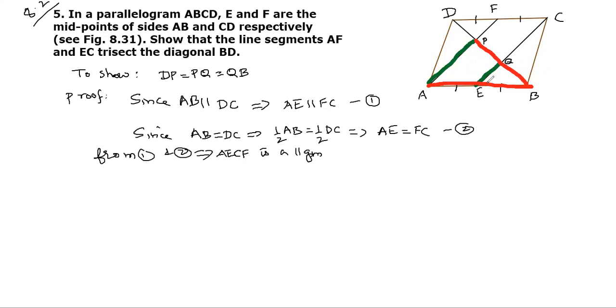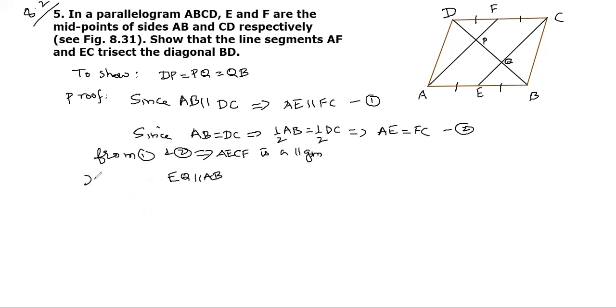Understood? So next, what will we write? EQ is parallel to AP, which means in which triangle?